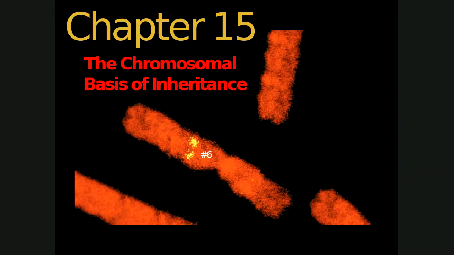So purple and white would be alternatives for the trait that's controlled by the flower color gene or the seed color gene. So looking at that picture right there, why do you think there are 2 yellow dots? Why do you think there are 2 genes? What does that tell you about the state of these chromosomes?